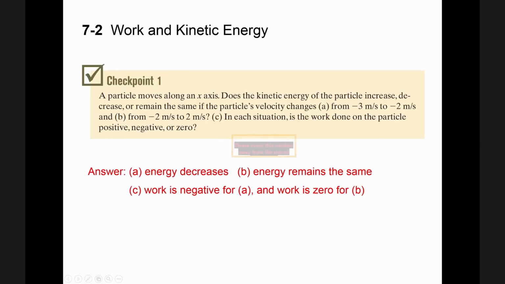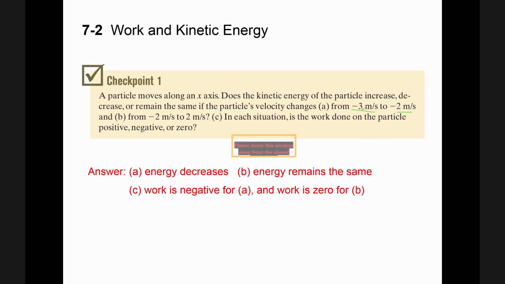Let's take this example. A particle moves along the x-axis. Does the kinetic energy of the particle increase, decrease, or remain the same if the particle velocity changes from -3 to -2? معناها الانيشال v square وهذا v square, half mv square. طبعا الماينس is not important in kinetic energy.